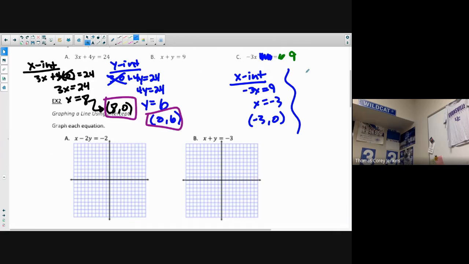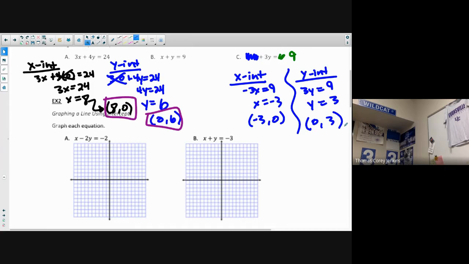Right? And then my y-intercept, all I'm going to do differently there is sub in 0 for x, which just disappears it. So then I have 3y equals 9, which tells me that y equals 3, which tells me that my y-intercept is 0, 3.